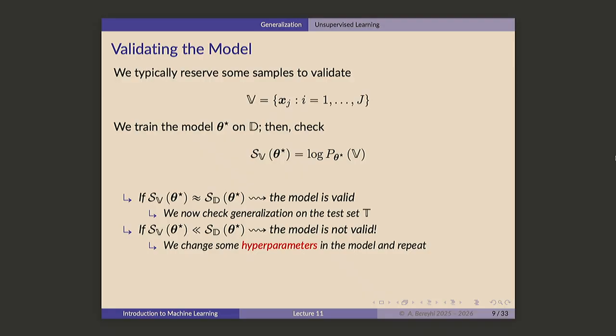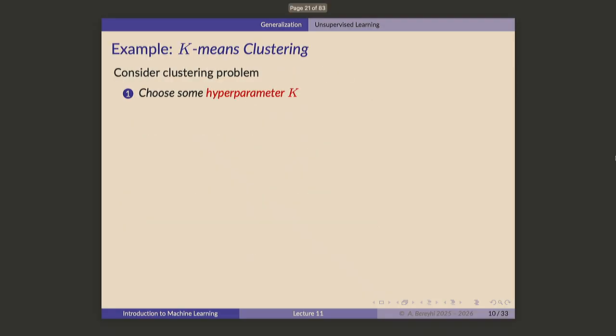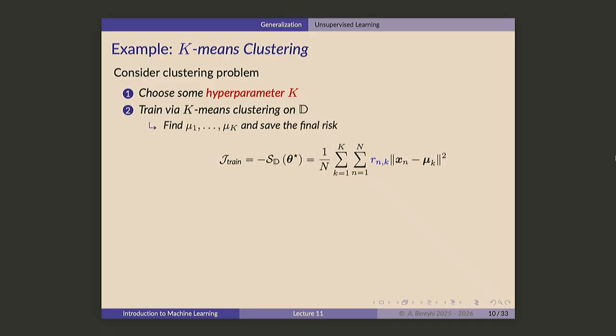Everybody's cool? So, for instance, in k-means clustering, how can I do that? Well, in k-means clustering, when we want to train, we basically compute this quantity, the average distance from the centroids. We showed that this average distance from the centroids was essentially your negative likelihood.